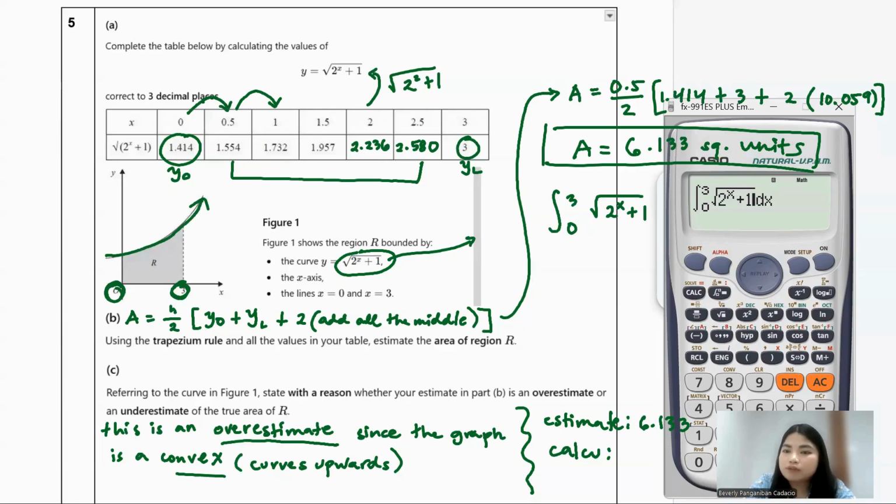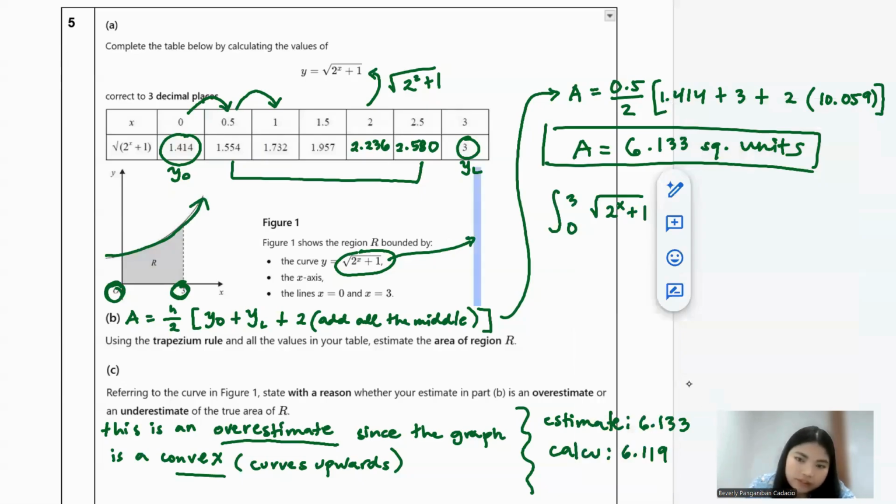Put equal, and your answer will be 6.119. If you compare it to this 6.133, what do you think is bigger? The bigger one is the estimate. Therefore, it is an overestimate.